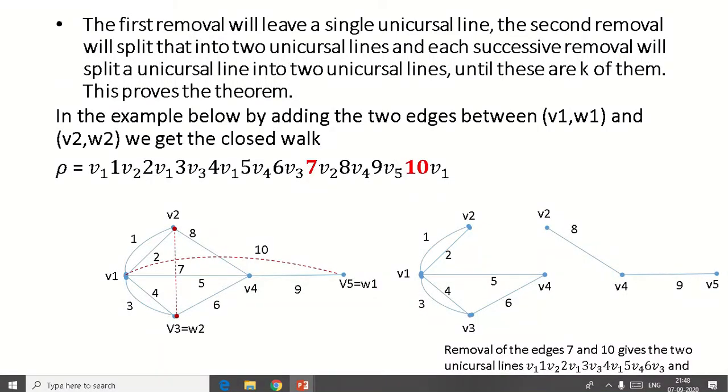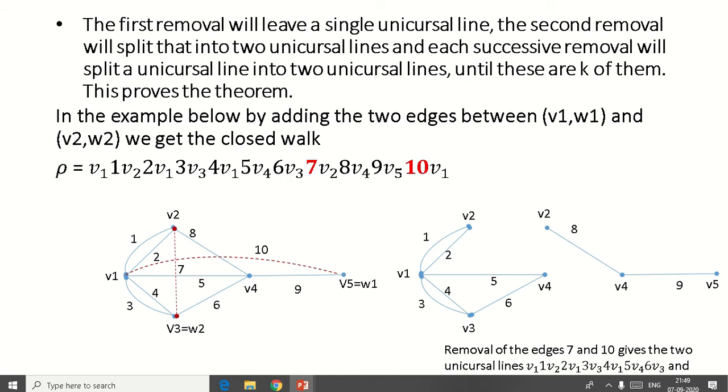Now see the example in which there are 5 vertices V1, V2, V3, V4 and V5, of which 4 are of odd degree. See, the degree of V1 is 5, V2 is 3, V3 is 3 and V5 is 1. So we are getting 4 odd vertices and V4 is of even degree.